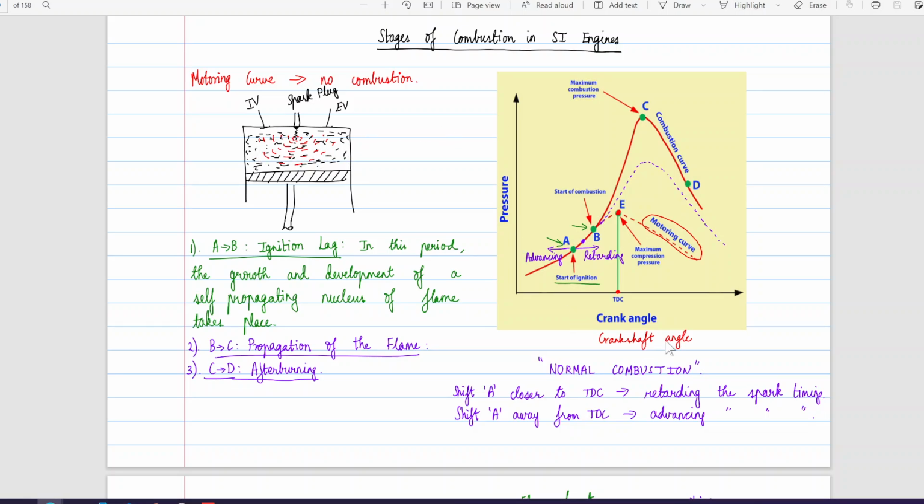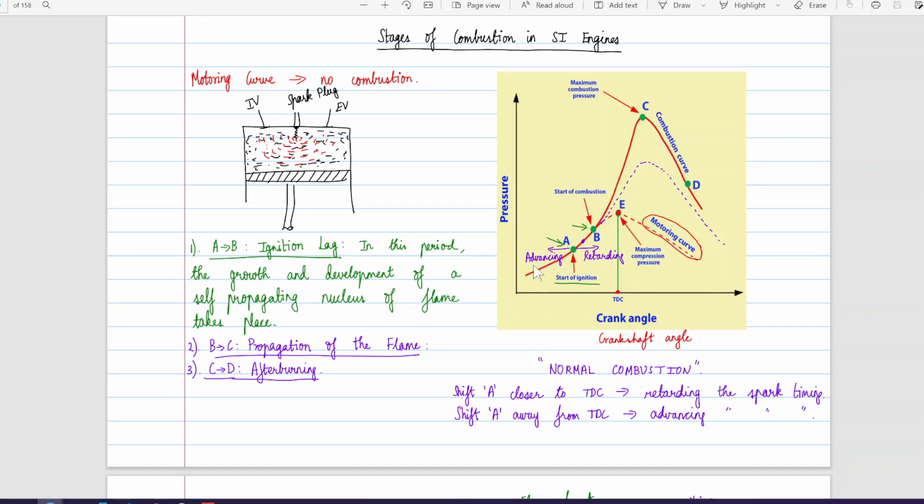So if we look at the crankshaft angle, and if we look at the pressure, we can look at this particular curve. The motoring curve is the curve drawn in the case where there is no combustion.